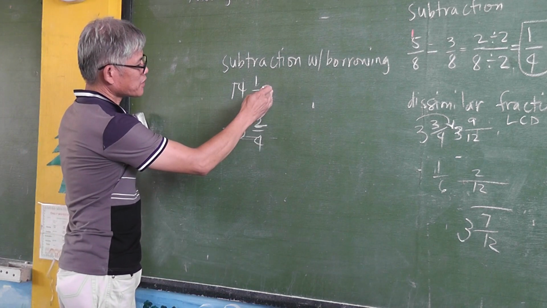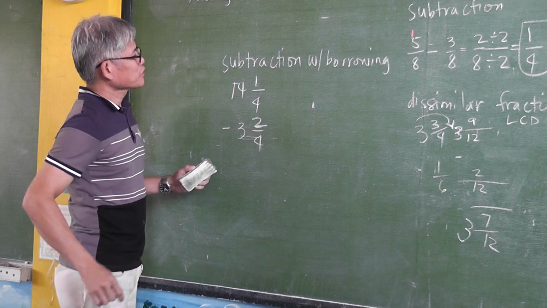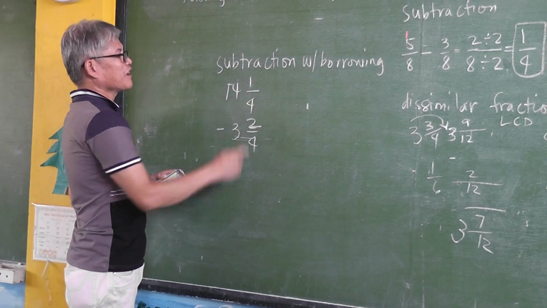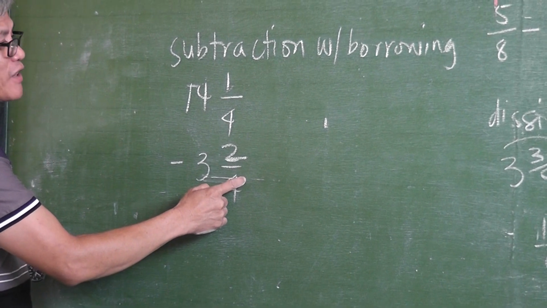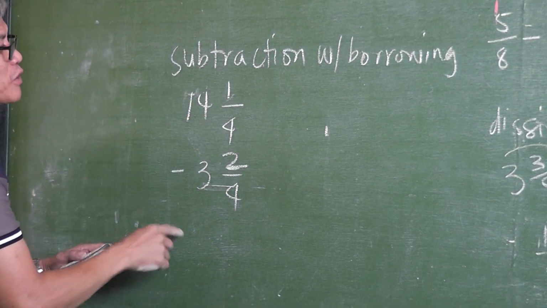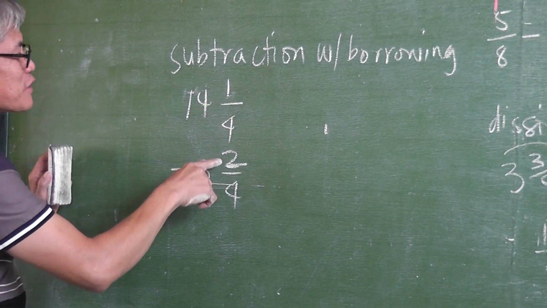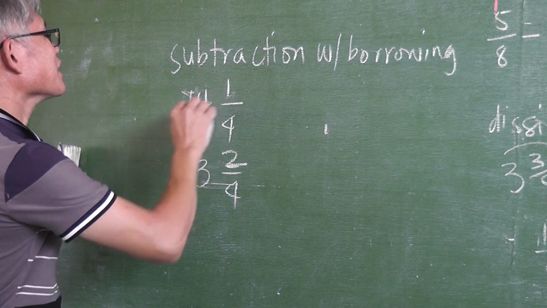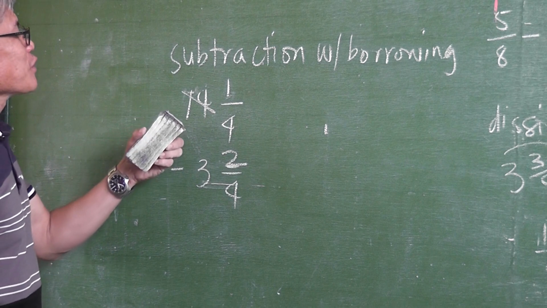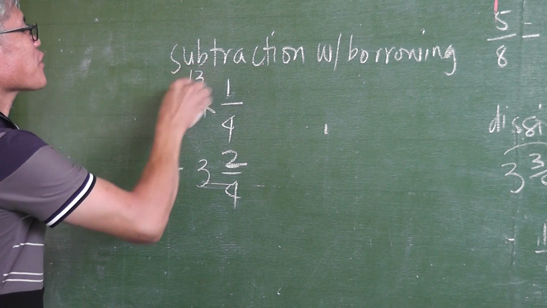We have a fraction here. But try to see, this fraction is lesser than this fraction. So we need to borrow, because 1 minus 2 cannot be done. So we are going to borrow. The whole number 14 will become 13.